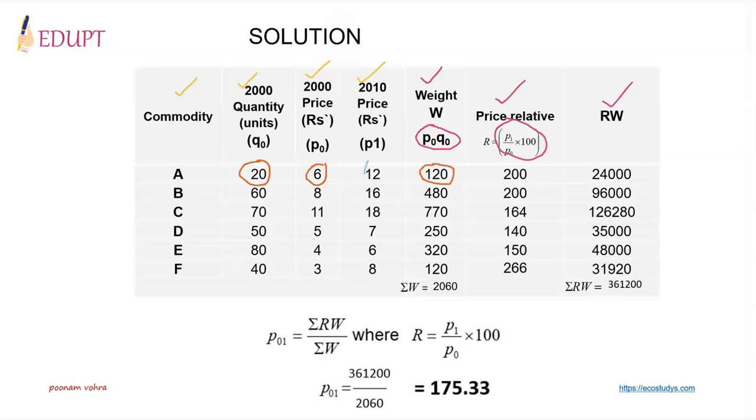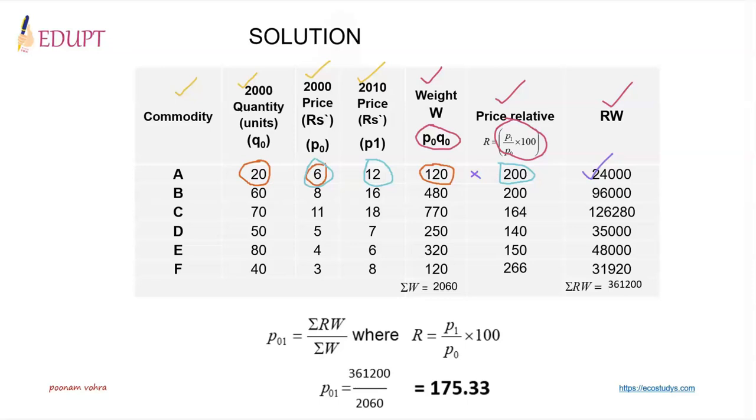P1 is 12, P0 is 6. So it is 12 by 6 into 100. And you get 200. And price relative multiplied by weight would be 120 multiplied by 200 and you get 24,000. In the similar manner, you have to complete the entire series.